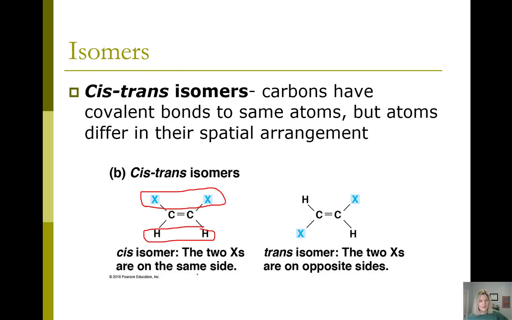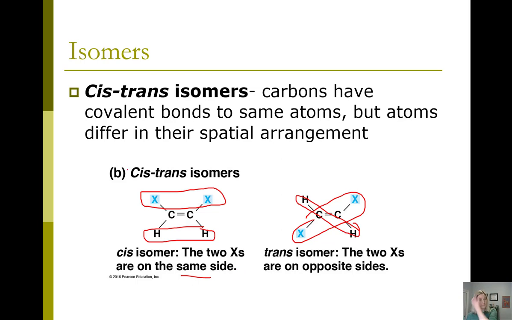Okay, so cis, think same side. Trans means opposite. So instead of the hydrogens on one side, they're on opposite sides. And so that means that whatever other bond it has is also going to be on the opposite side. So that would be a trans isomer. So cis, think same, trans, think opposite.